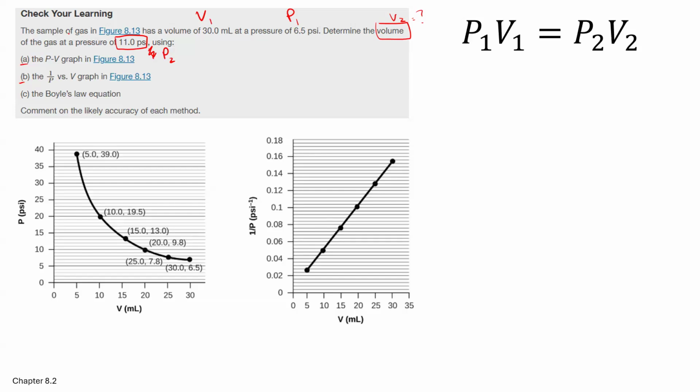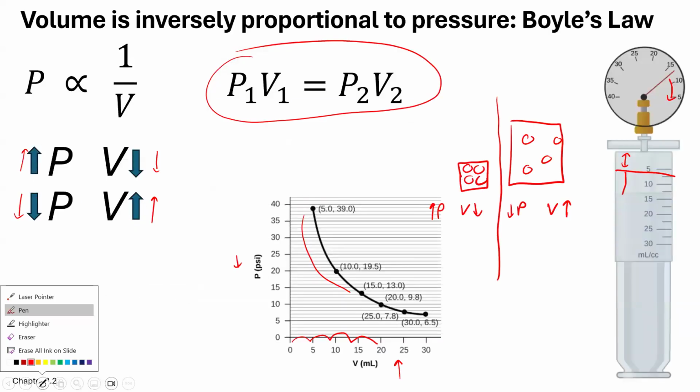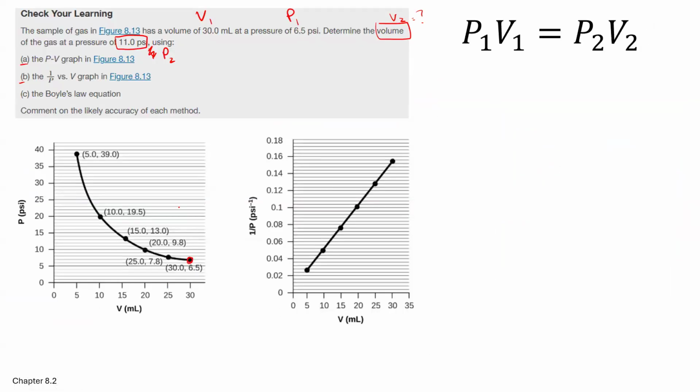It says, check the sample of gas at the PV graph in figure 8. So what is this? Let's check it out. If we have a V1 of 30, so it's going to be about right here. Or sorry, let's not do a circle. Oh, actually, it's already written for us.